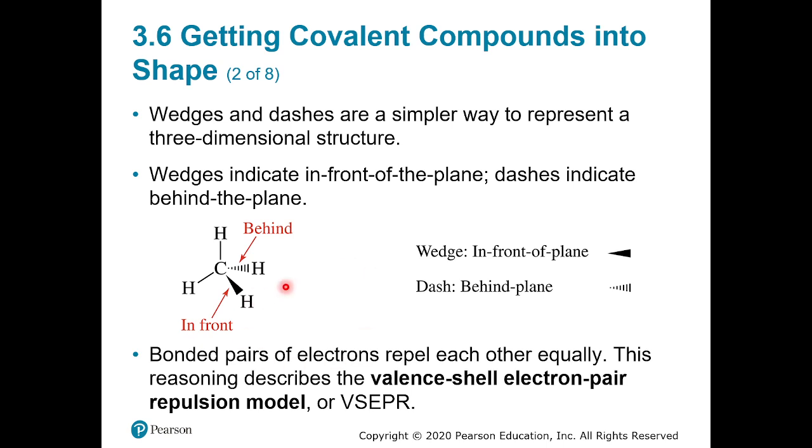So the model that predicts how these would look, this maximum separation, is called the valence shell electron pair repulsion model, or VSEPR. Okay? And what it does is you take these, which are called electron domains. They're areas that have electron density in them. They want to repel each other as much as possible because they're all negative, aren't they?